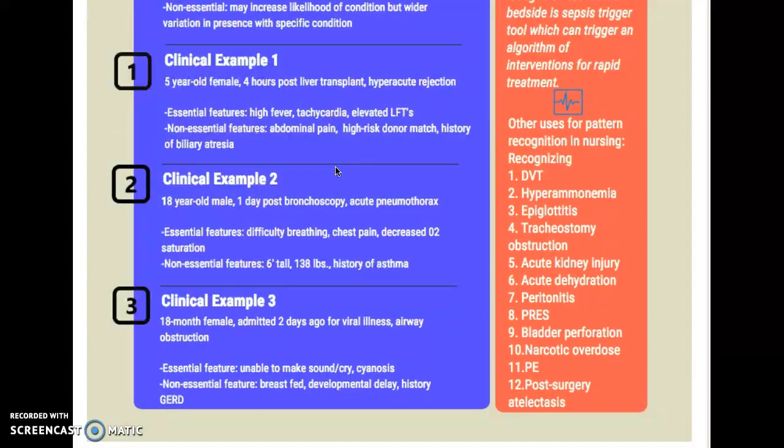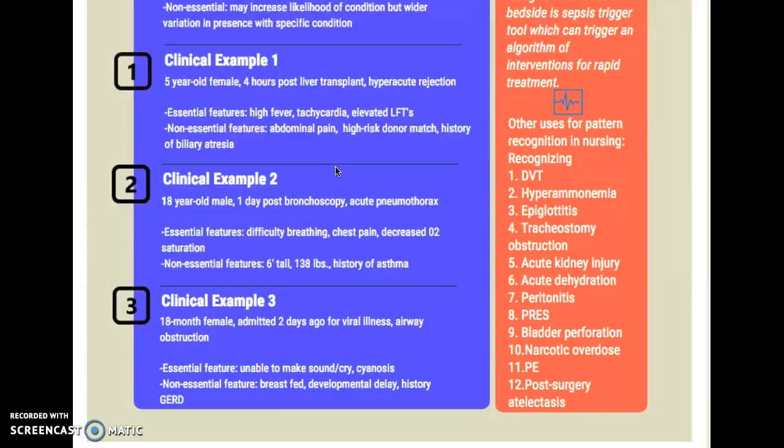And I realize there are many, many uses for pattern recognition where I work, and most of these conditions could be in various types of healthcare settings with pediatric patients and adult patients. So I was thinking about the use of pattern recognition in recognizing DVT, hyperammonemia, which I've seen many times in liver failure patients, which presents usually with an essential feature of change in mental status that needs to be responded to immediately.